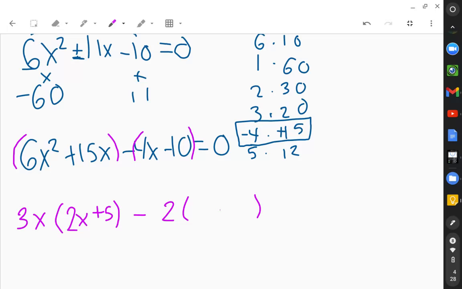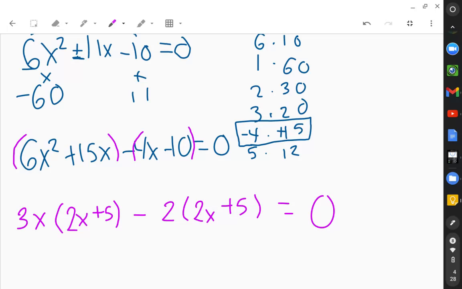Good. So now for this second binomial, 2 times 2x gives me 4x. Remember, we have this minus sign out here, so negative 2 times 5 would give me negative 10.